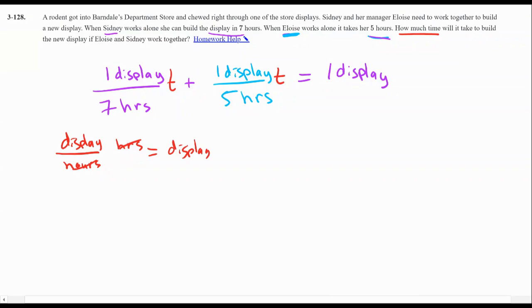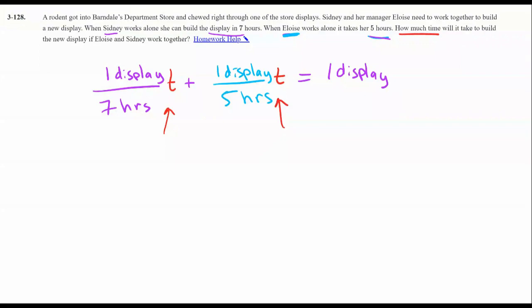But I just want one display, which is why I'm adding them together to get a single display. They're both going to work for the same amount of time, so I'm using t as the variable. Now I have my first rate times time plus my second rate times time equals one display.